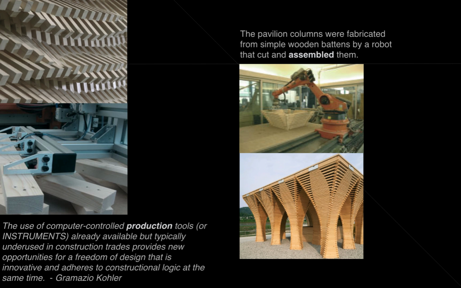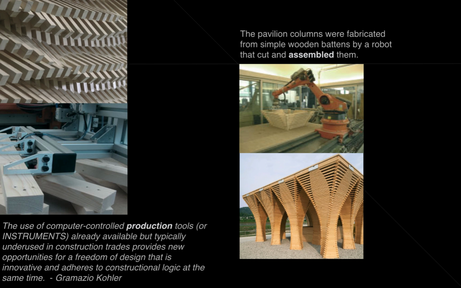The use of computer-controlled production tools or instruments are already available, but typically underused in construction trades, and that provides new opportunities for freedom of design, and that is innovative and adheres to construction logic at the same time, claims Gramazio Koller from ETH.